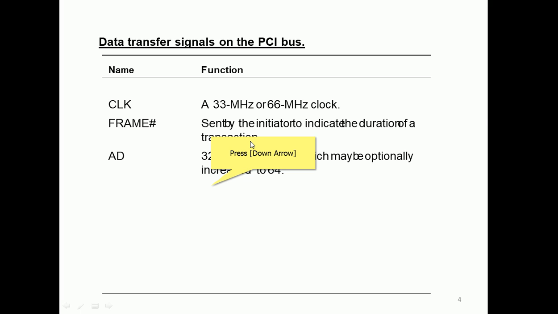To identify each of the 8 devices uniquely, 3 bits are required. Similarly, with 4 bits we can identify 16 devices. Similarly, with 32 address lines, 2 power 32 devices we can uniquely identify. So that many devices we can connect to this PCI bus.